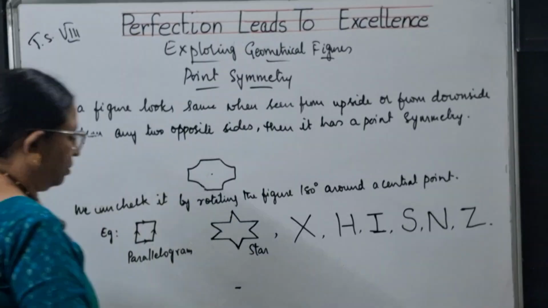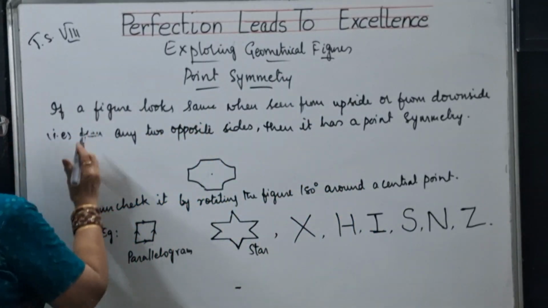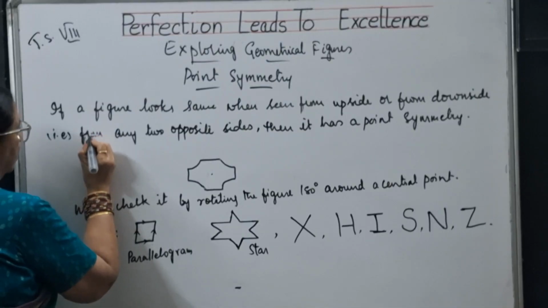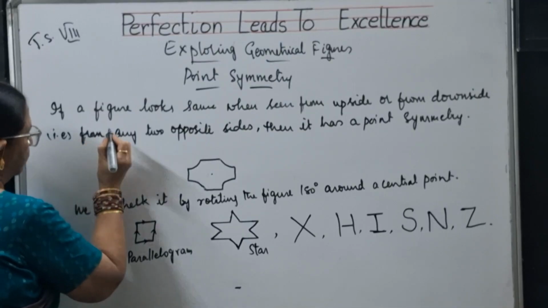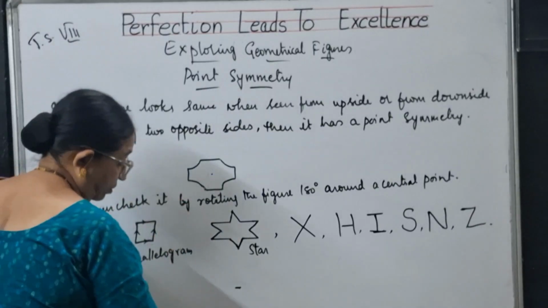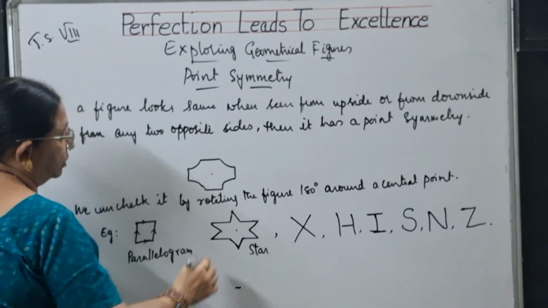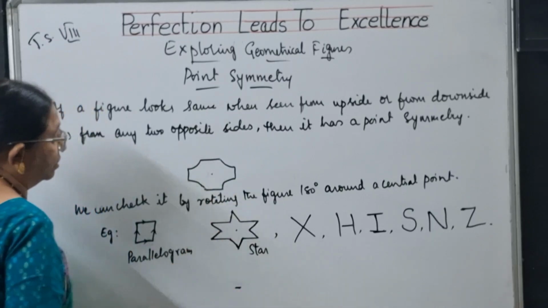So some more examples of it we can discuss. What are the other examples of it? See, parallelogram, of course, such a type of figure I have shown. A star here also. Through this point, when you rotate it, you will be getting the same figure.